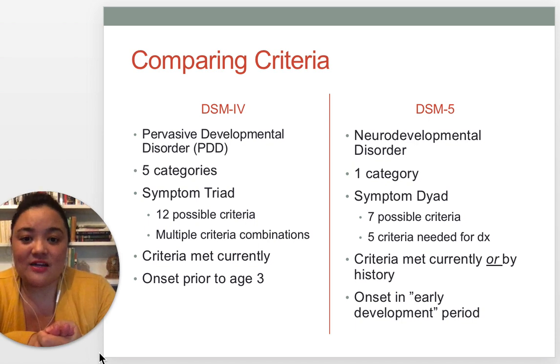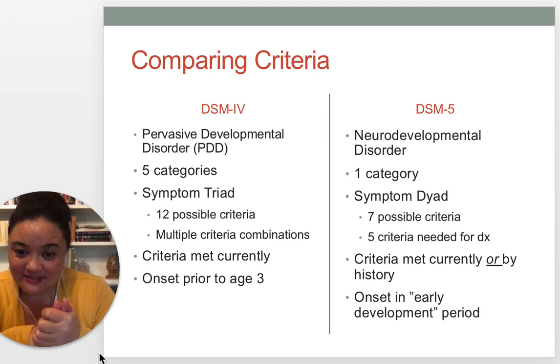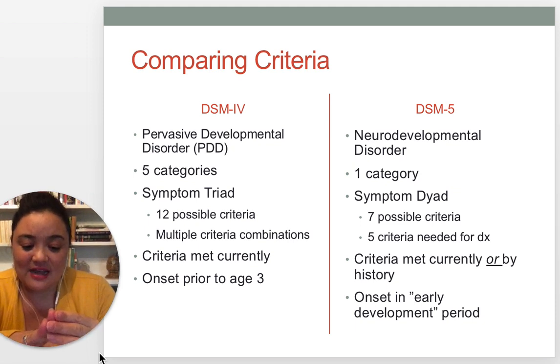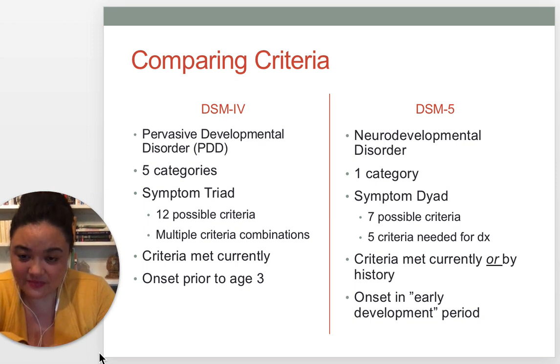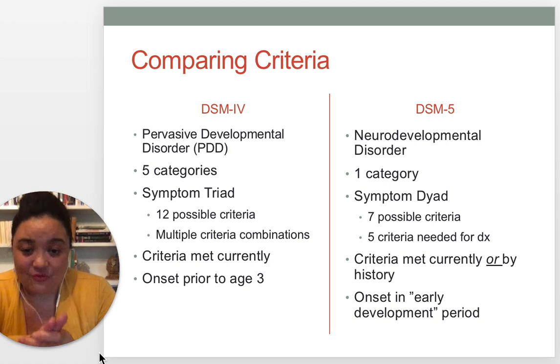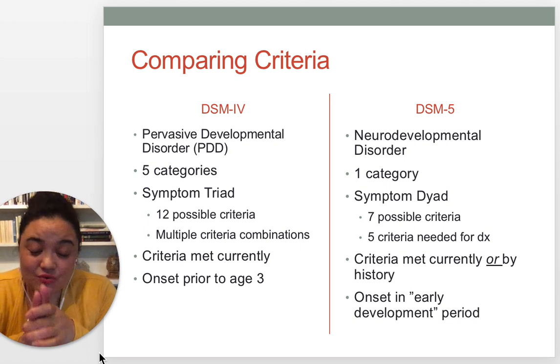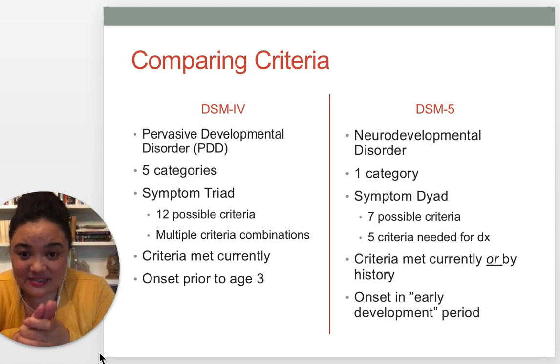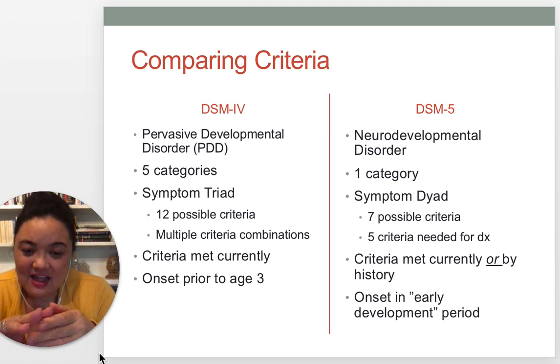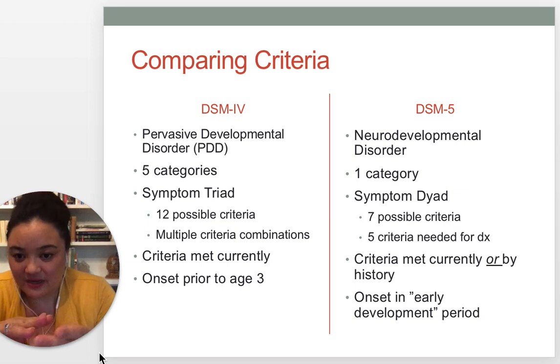Right? Under the DSM-4, there was a symptom triad that we talked about. So we looked at autism as being deficits in social interactions, deficits in communication, and restricted and repetitive behaviors and mannerisms. Under those 3 broad categories, there were 12 possible criteria, and a clinician could diagnose someone as long as they met multiple criteria combinations.